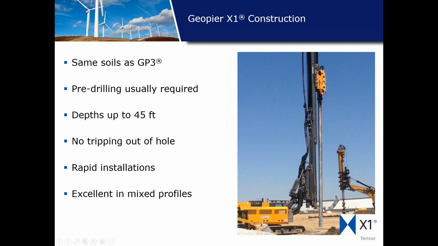So what we can actually do is charge the hole with aggregate, i.e. pour in more aggregate than we need, and that'll create a temporary casing that prevents the sand from caving into the hole. So we actually use the compaction chamber and the aggregate to provide a casing of sorts so that we could advance down through the sand without having to use real casing, which adds pieces of equipment and time to the project.